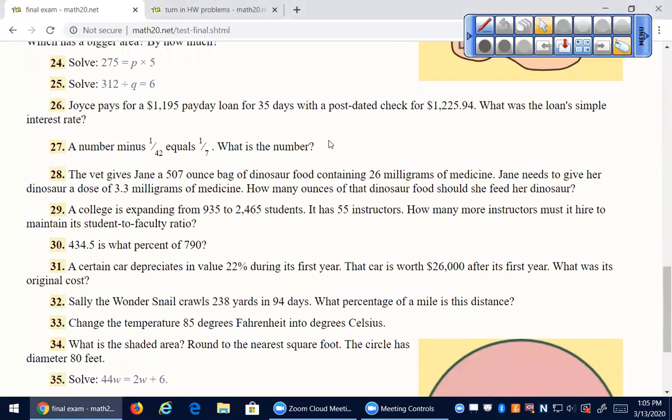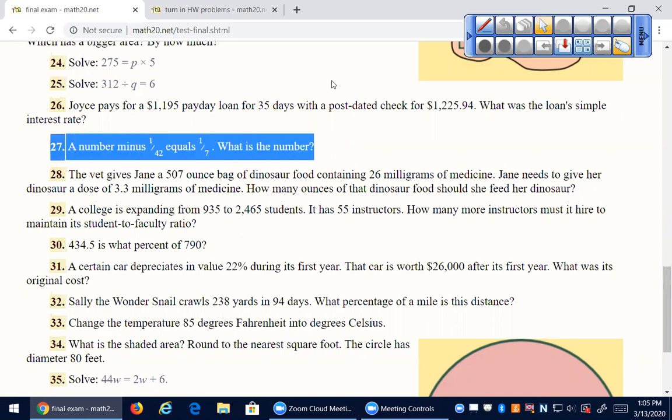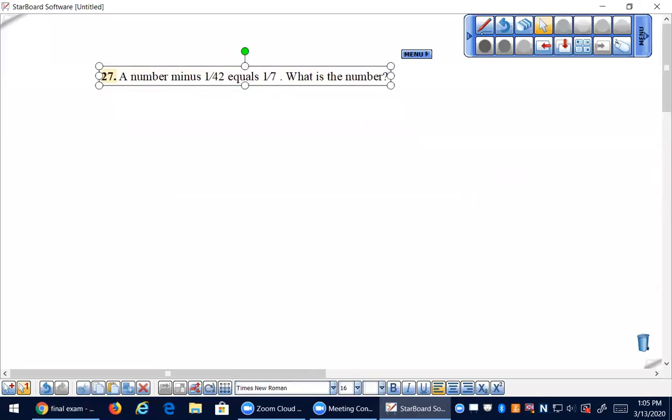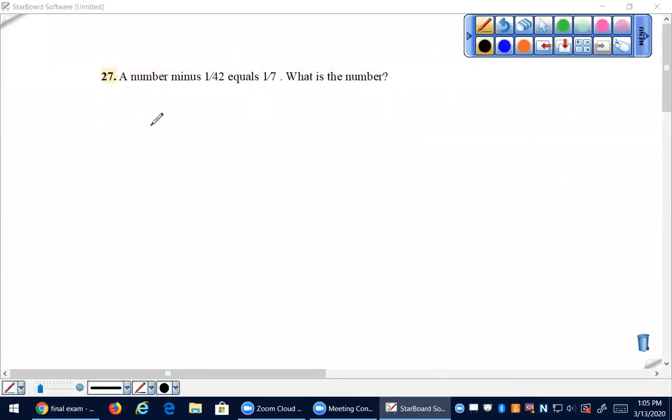A number minus another number equals a number. Should we do that one? This is subtract. We had it on the no calculator.